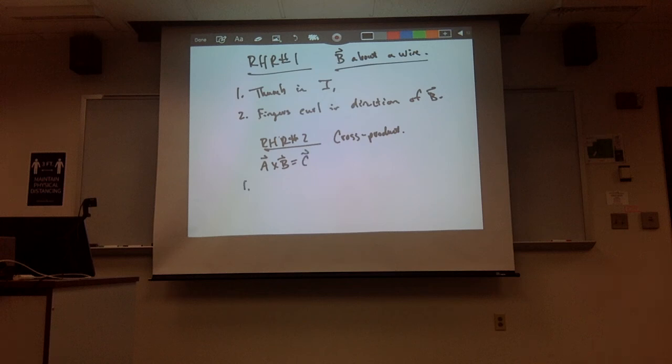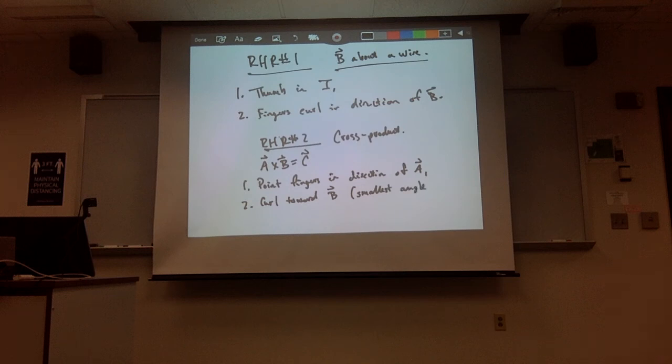So in this case, step number 1 is point fingers in direction of A. Step number 2, curl fingers towards B. Again, in the direction of smallest angle.